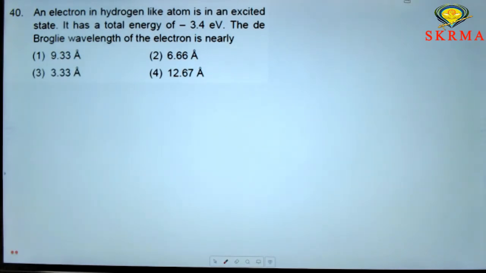Question number 40. An electron in a hydrogen-like atom is in an excited state. It has total energy of minus 3.4 electron volt. Then the de Broglie wavelength of the electron is nearly equal to, he is asking.